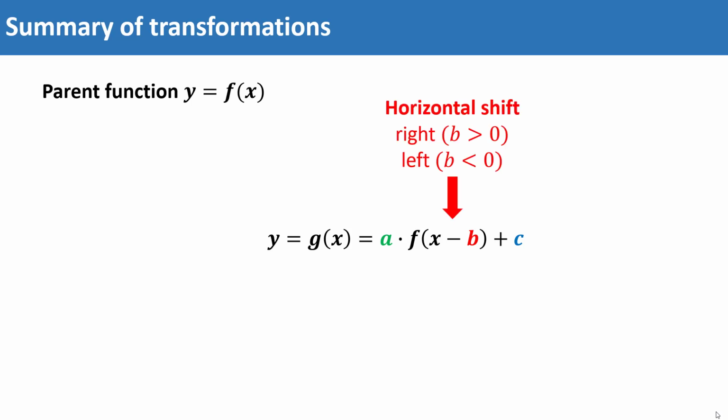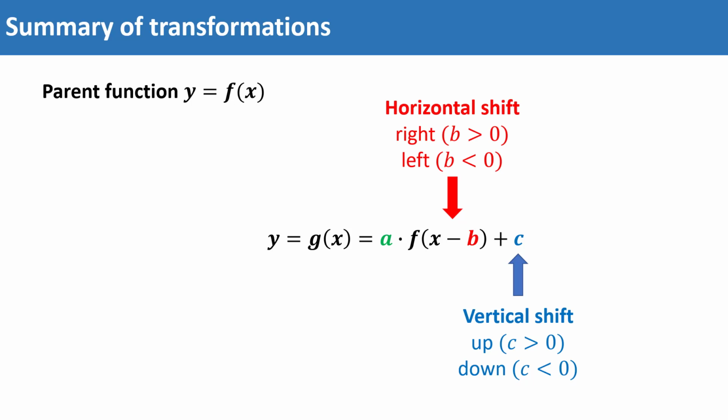One thing we noticed is that the parameter b, the parameter added or subtracted inside the function, horizontally shifts the graph of f. More specifically, when b is greater than 0, the graph shifts right, and when b is less than 0, the graph shifts left. Similarly, the parameter c, the parameter added or subtracted outside the function, vertically shifts the graph of f.